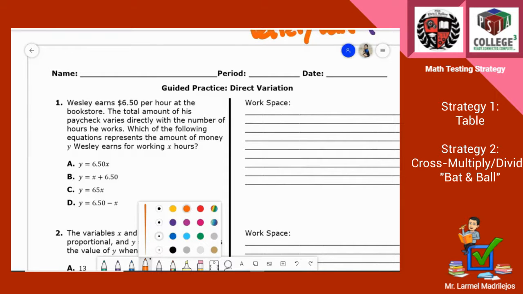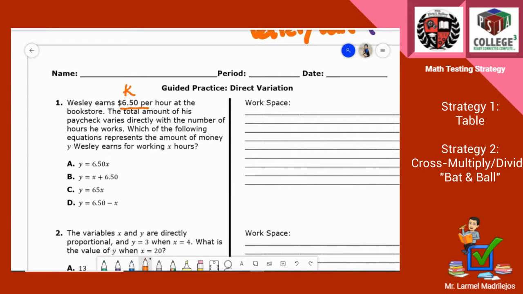So they're just asking for a formula. So the rate is this. That's the K. And we're just going to write the formula K times X, where K is $6.50 and X. So this equation will be letter A.